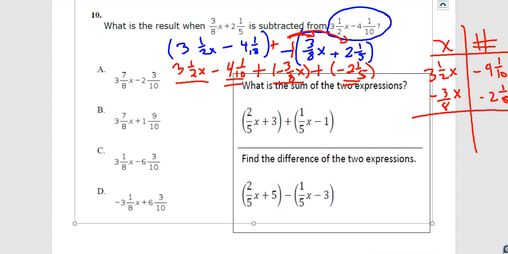That's just more scratch work, but what I can see first of all is if I take 3.5 and I only take away 3/8, that's not going to be -3 1/8. That was not right. I can safely also say -4 1/10 plus -2 1/5 is not going to give me a positive result because I'm adding two negatives, so that means that B is wrong.